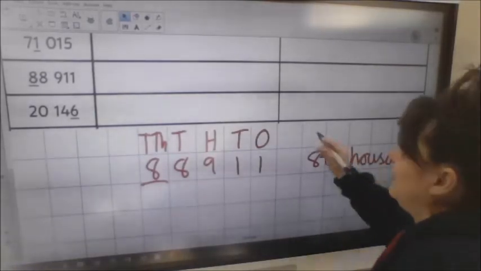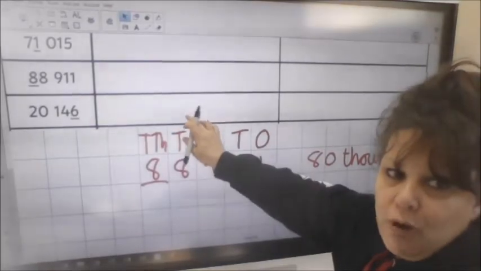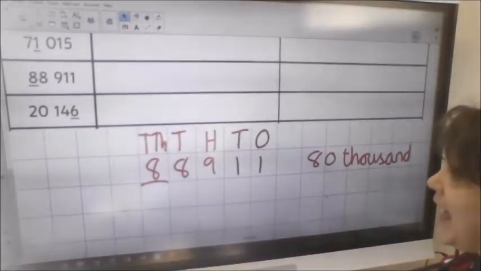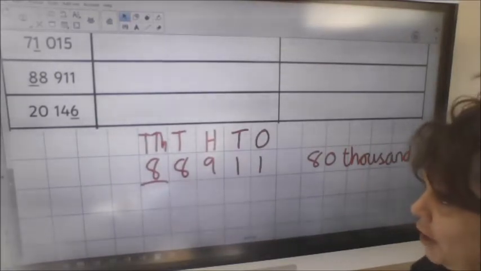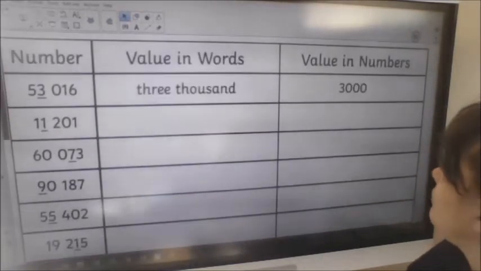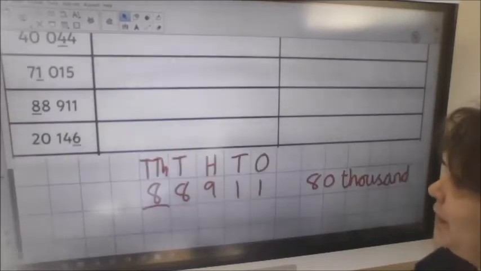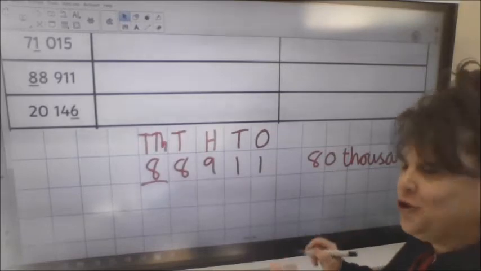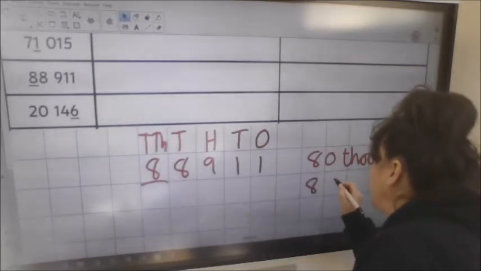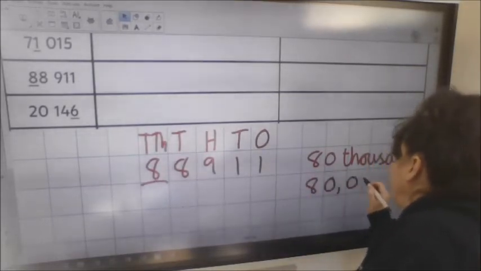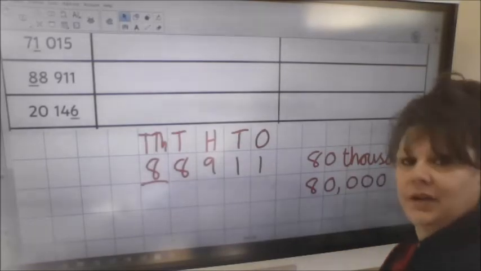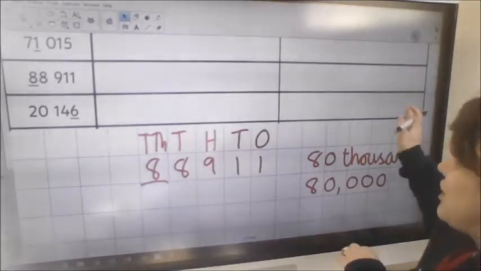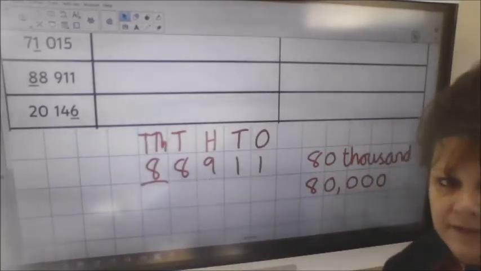In this column here, I would write it in words, okay? And then the final column is the value in numbers. So that would be writing it out in numerals. So that would be 80,000. So that would go in that column at the end.